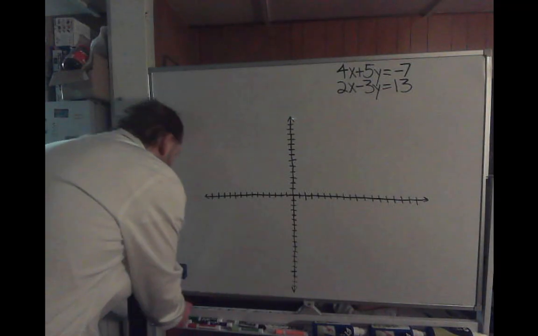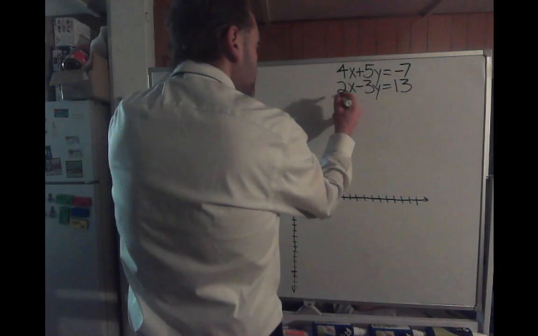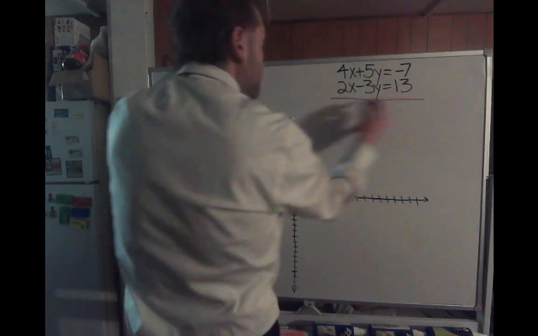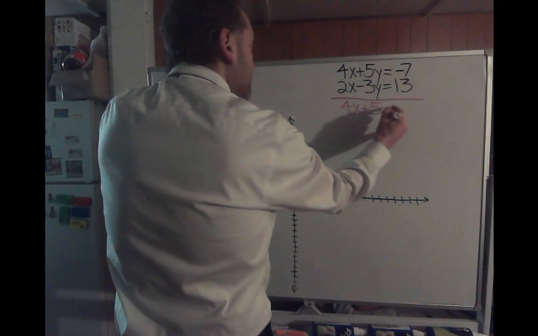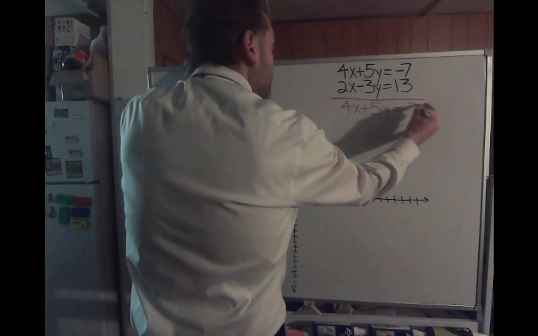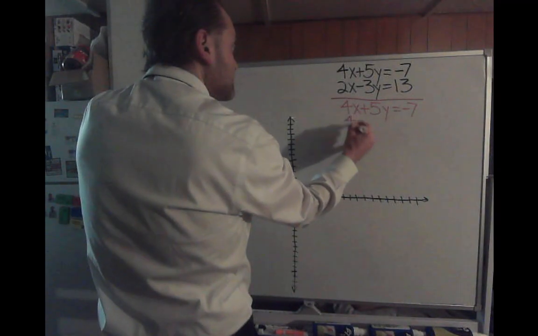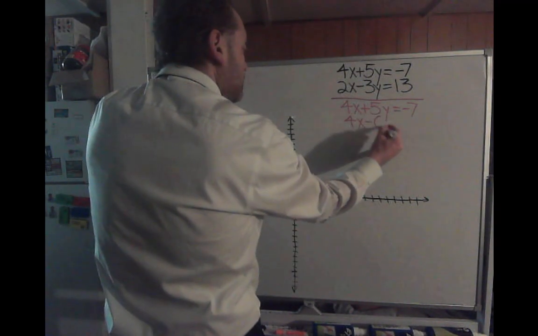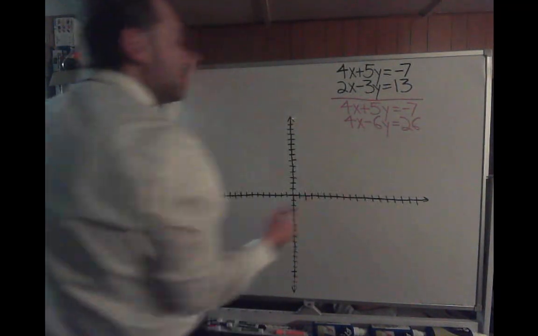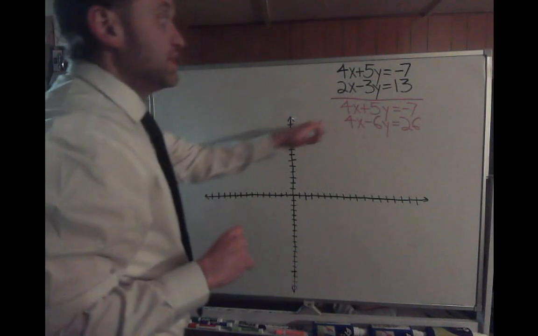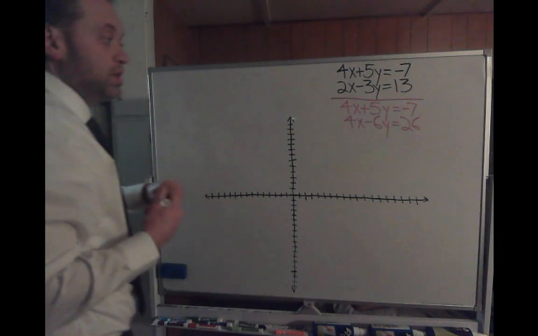Then you would have 4x plus 5y equals negative 7, and 4x minus 6y equals 26. Now you can eliminate the x variable.